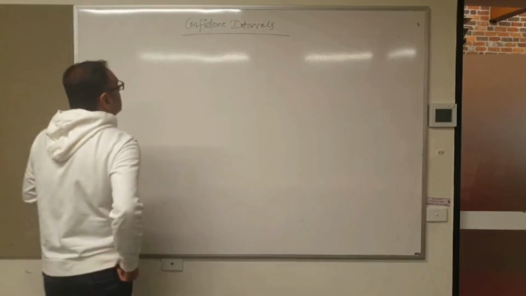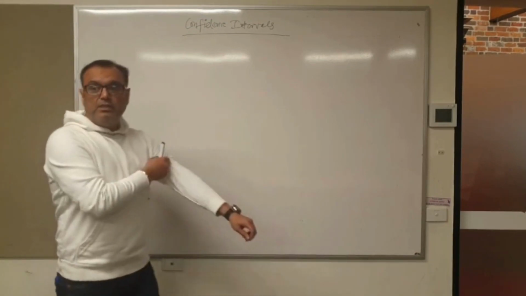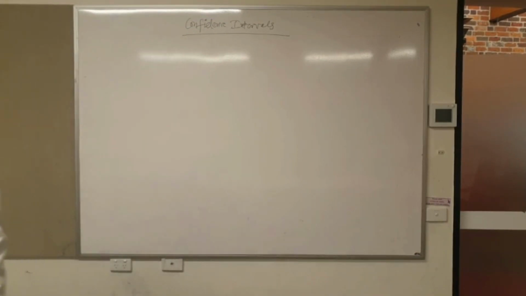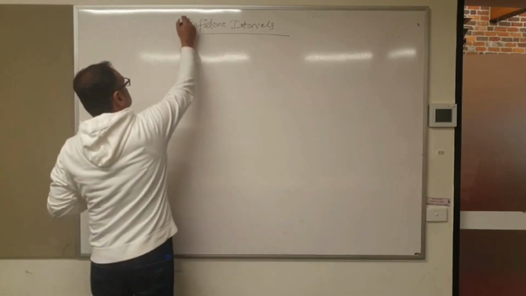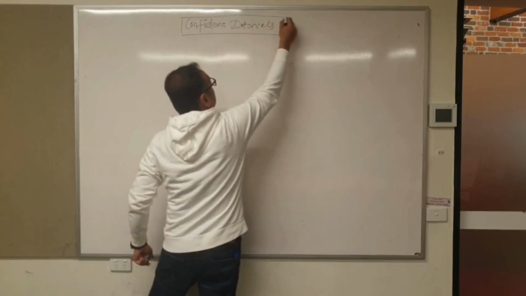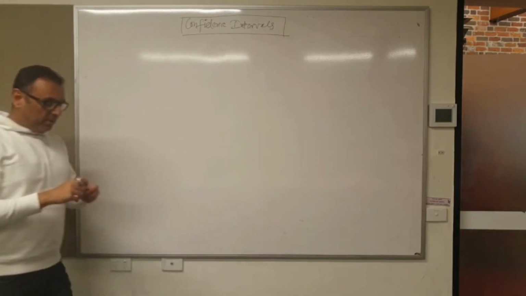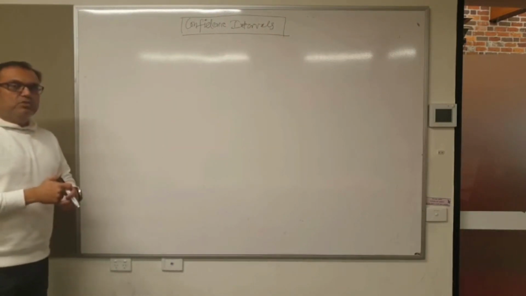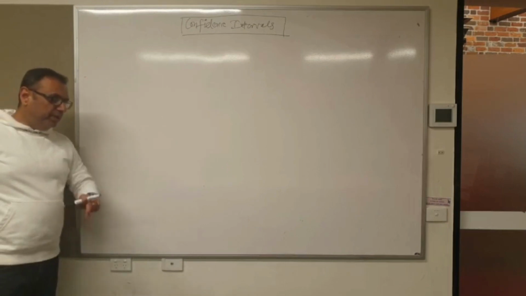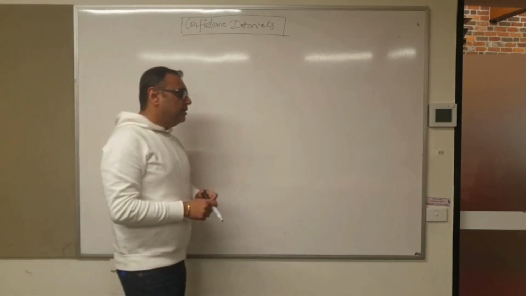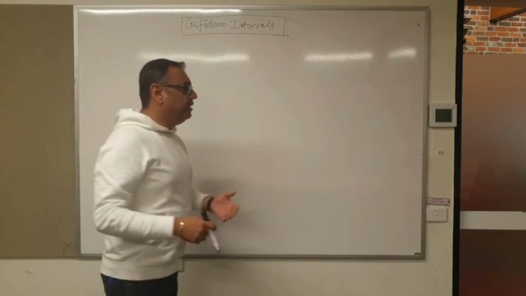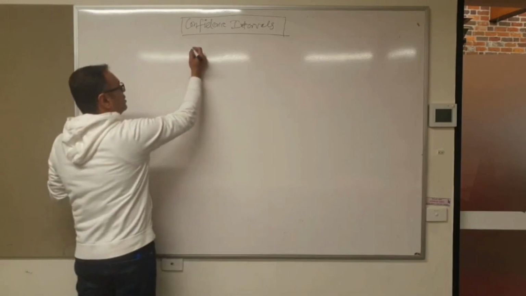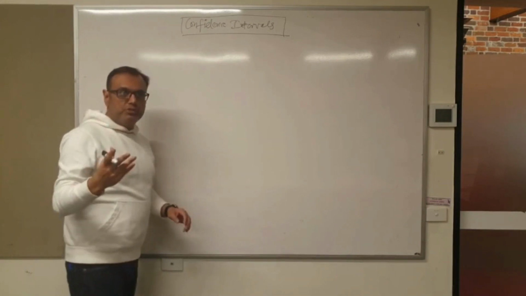So, we are going to touch upon the last topic of the probability today, which is called confidence intervals. Now, so far, what we've been doing is talking about two proportions.